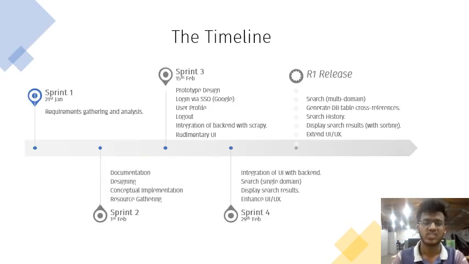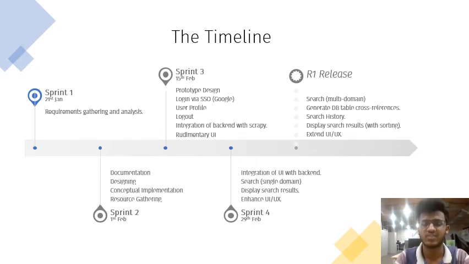Now let's talk about the timeline of the project. For sprint one, we first gathered the information about our project and the requirements that we need, and also performed a feasibility study. For sprint two, the documentation and design doc were completed, and the SRS was created and later verified by our client, along with further resource gathering.